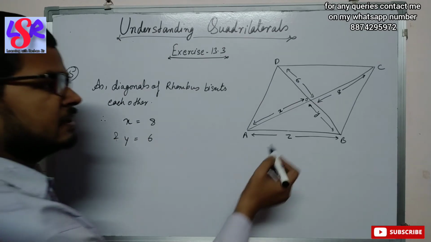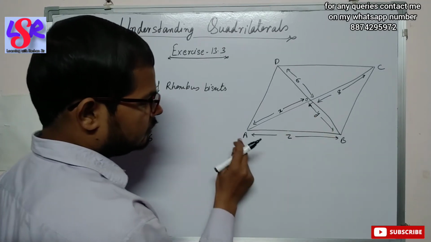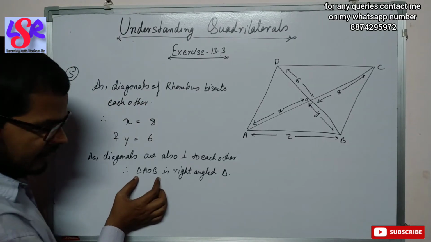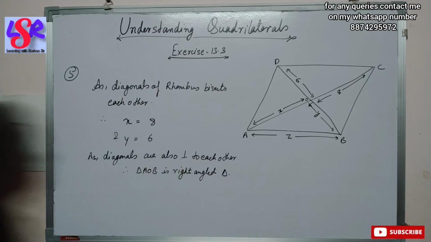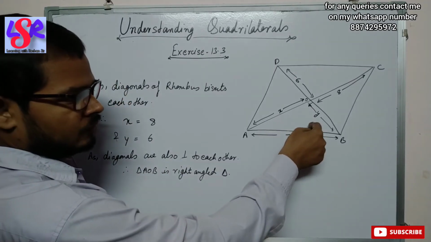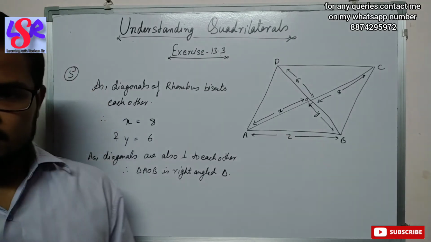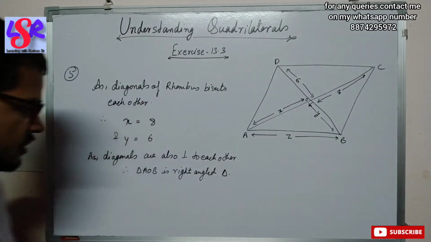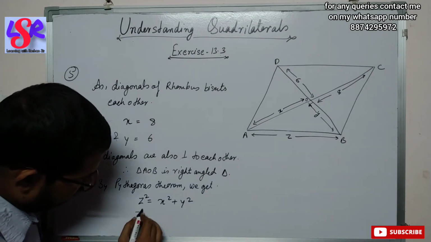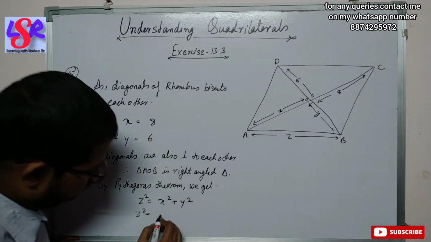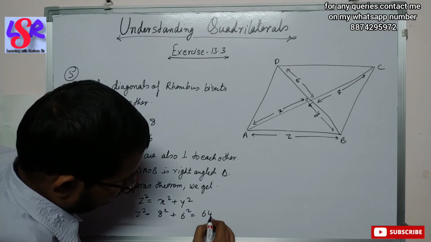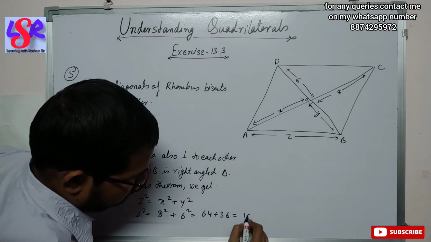Now we know the diagonals are also perpendicular to each other. Therefore, this triangle AOB will be a right angled triangle. And here we get triangle AOB as a right angled triangle as the diagonals of the rhombus are perpendicular to each other. Now we know the value of X, we know the value of Y, so we can use the Pythagoras theorem to get the value of Z. So by Pythagoras theorem we get Z square equals X square plus Y square, and this Z square will be equal to 8 square plus 6 square, that is equal to 64 plus 36, and this will be equal to 100.